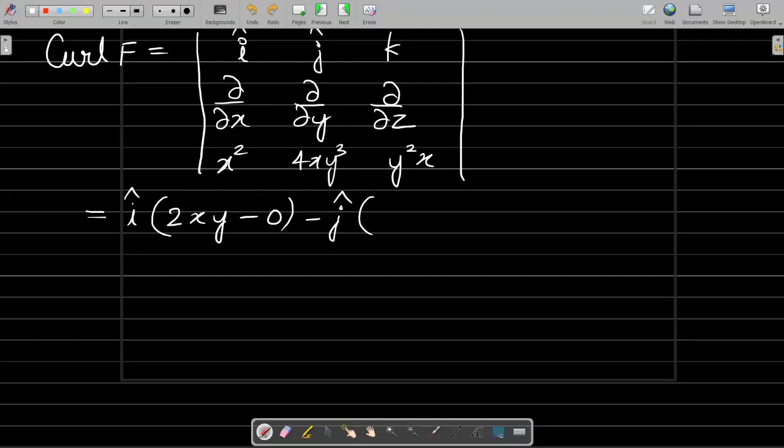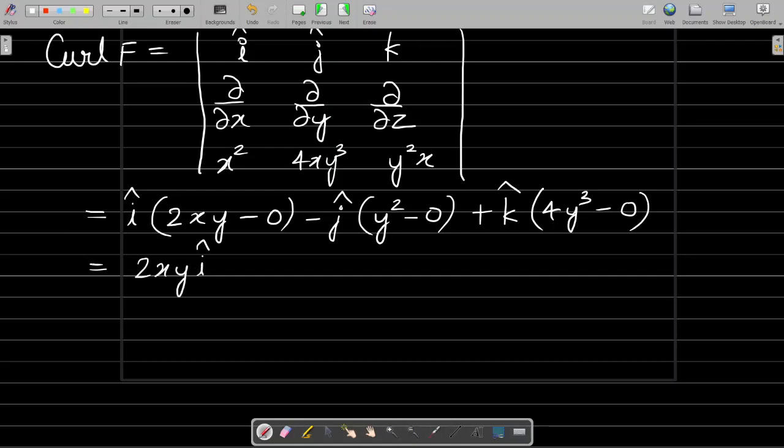Dou by dou x of y square x is y square, minus dou by dou z of x square is 0. Plus k into dou by dou x of 4xy cube minus dou by dou y of x square. Dou by dou x of 4xy cube is 4y cube, minus dou by dou y of x square is 0. So this is equal to 2xy i minus y square j plus 4y cube k.